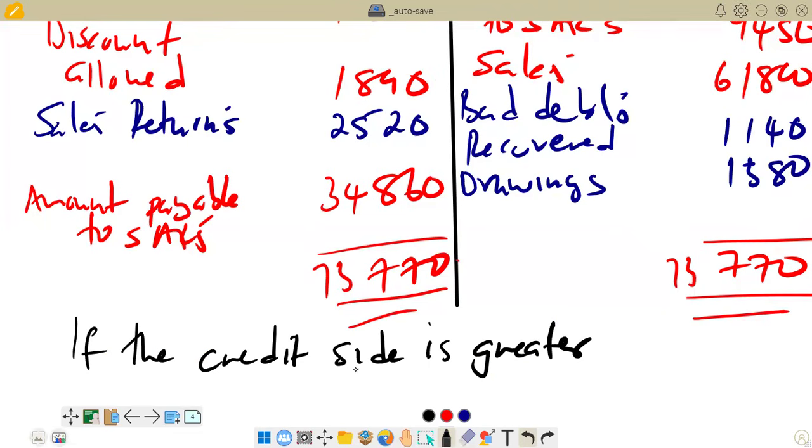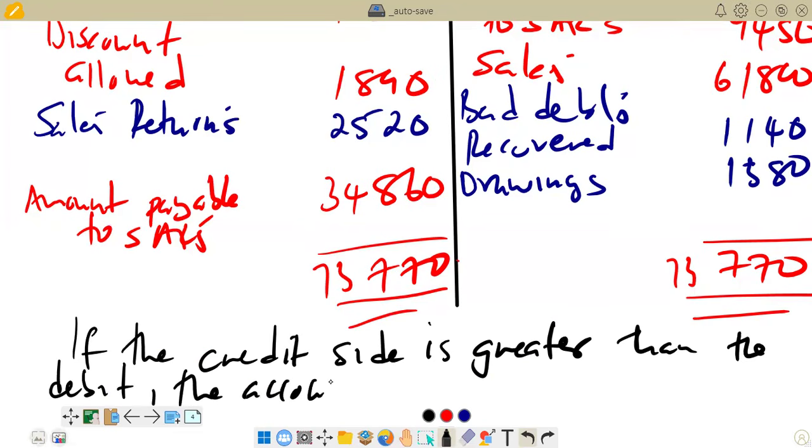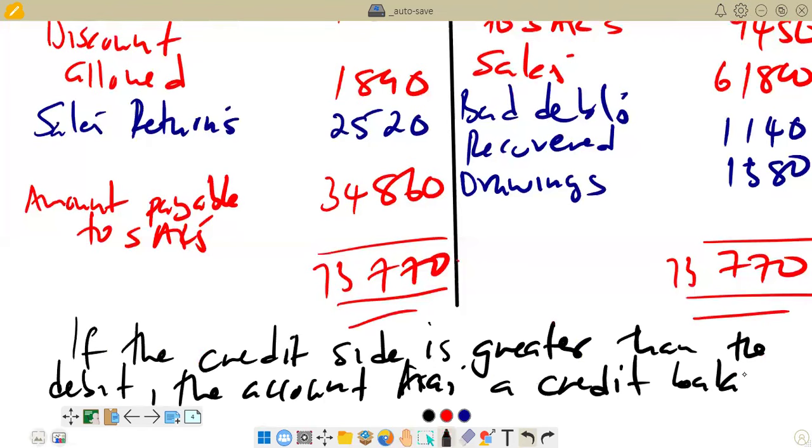So if the credit side is greater than the debit, the account has a credit balance. So this VAT control has a credit balance. If you are asked whether the VAT control with a credit balance is payable to or payable by, it means it's payable to. So this is what we have in terms of the VAT control that we are supposed to prepare.